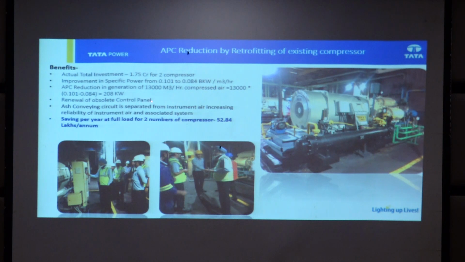We have replaced the obsolete control panel with a new one. The ash conveying circuit is separated from instrument air, increasing reliability, and the saving is 52.84 lakhs per annum. So if we combine those, it is around 80 lakhs per annum savings in terms of rupees.